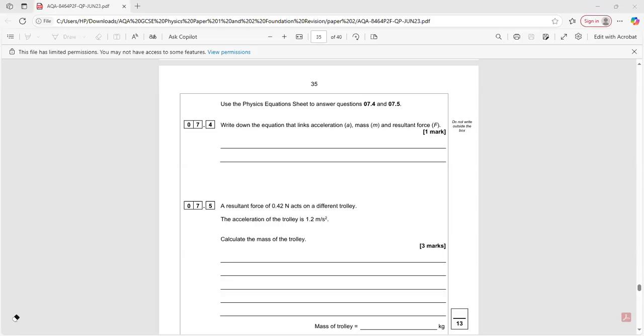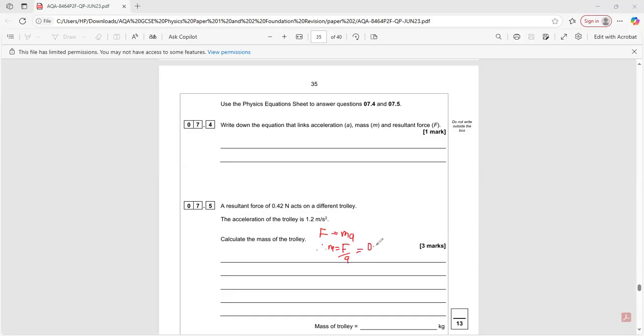We are going to do the same thing we did earlier, only this time we are looking for the mass. So F equals ma, therefore m will be equal to F over a.